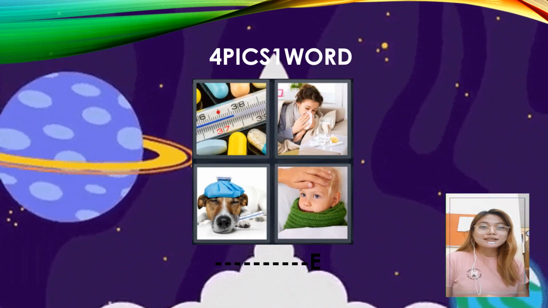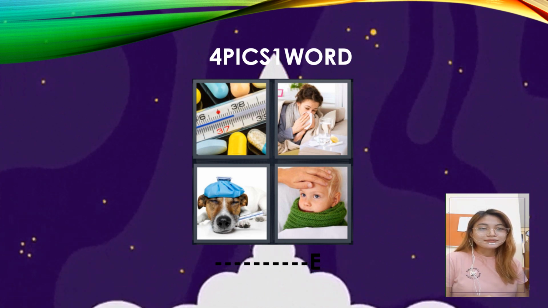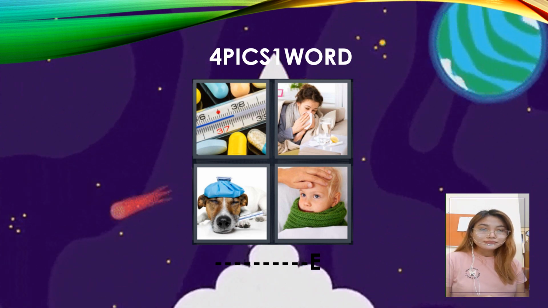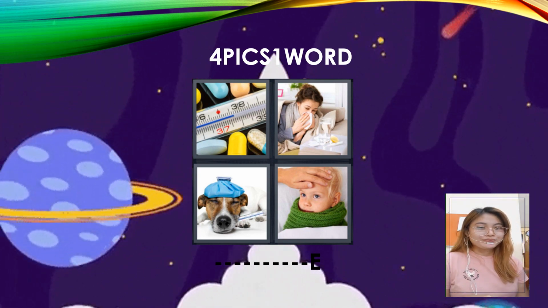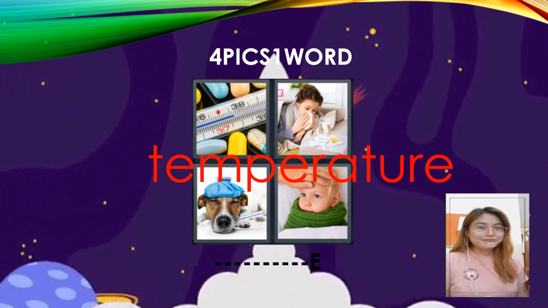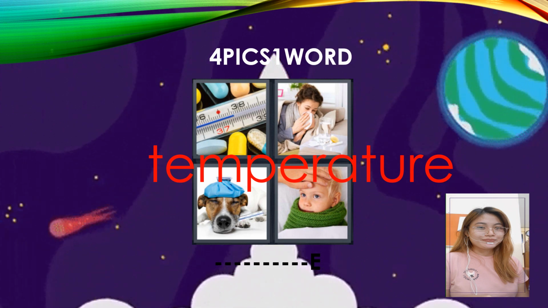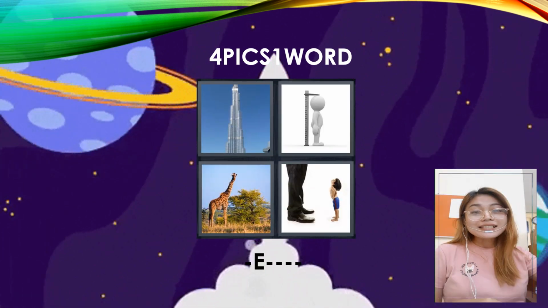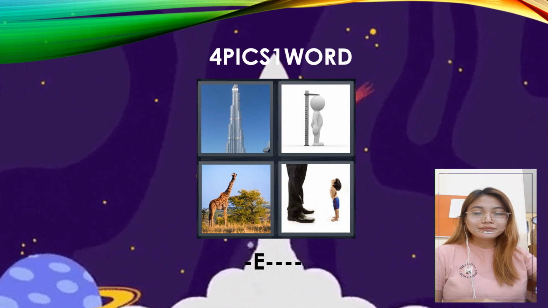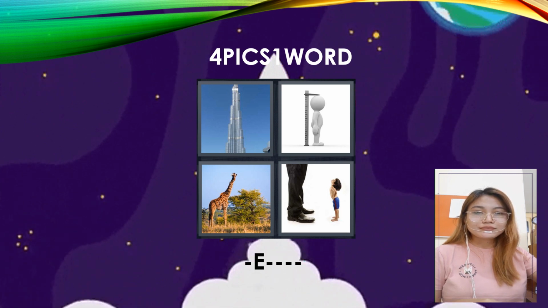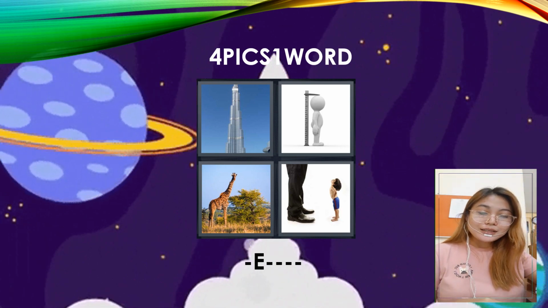Second 4 pics. What is the hidden word? Correct, it's temperature. Lastly, the third 4 pics. What is the hidden word? Very good. It refers to height.